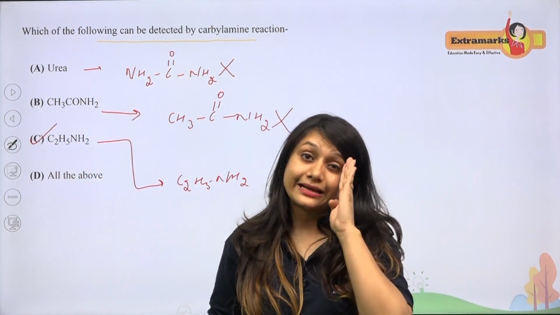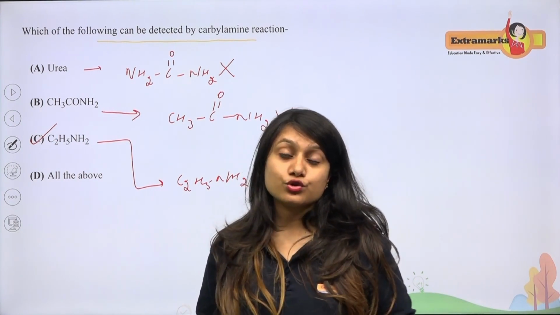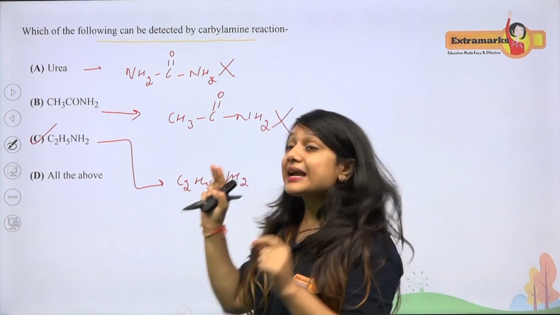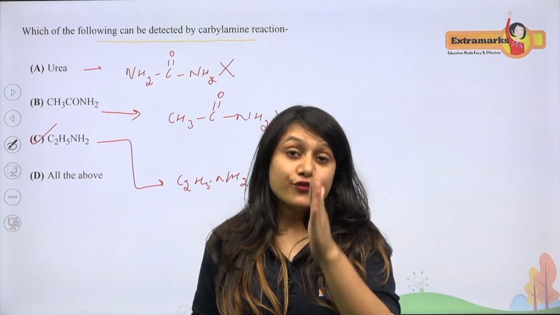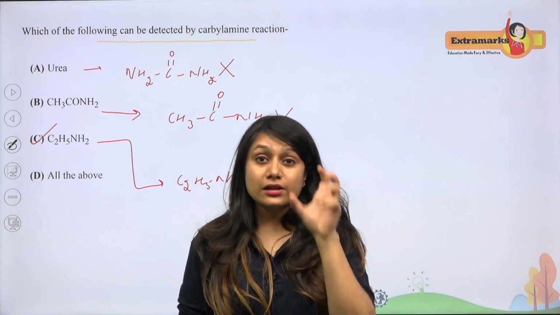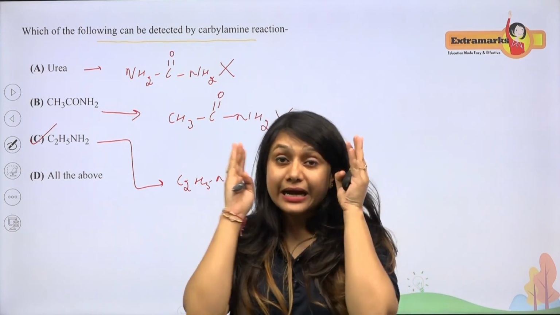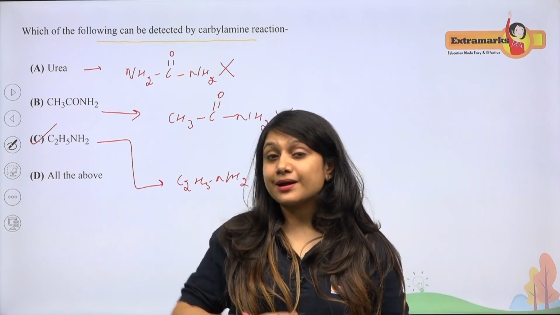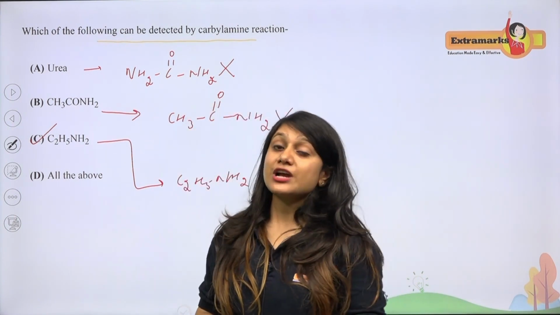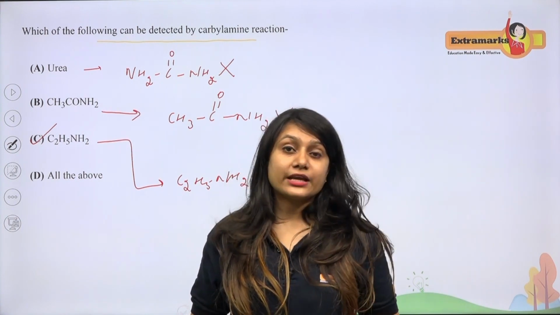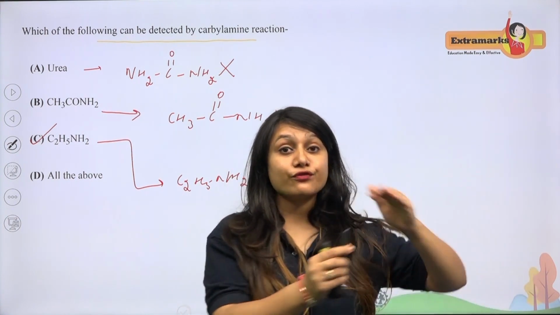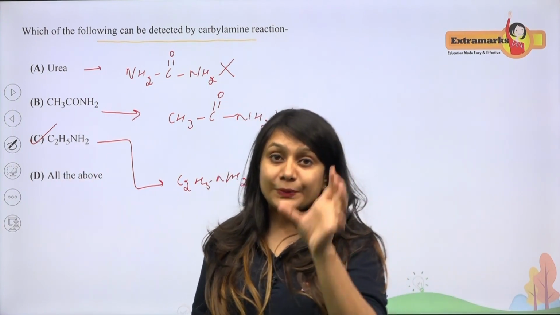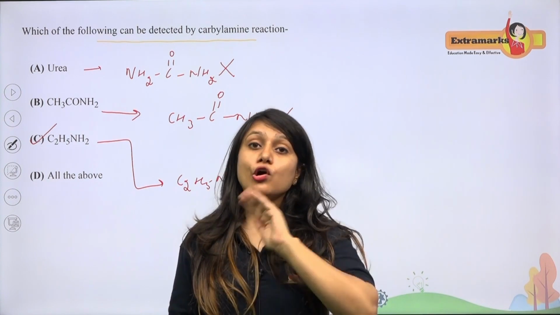Now what I'm going to tell you with this particular question, please note it as a tip. As you can see, the carbylamine reaction is a naming reaction. Please learn all of the naming reactions, and I suggest that everybody write down on a piece of paper all the name reactions present in organic chemistry, starting from the haloalkanes and hydrocarbons to the nitrogen containing compounds, right? So please make short notes on all the naming reactions.